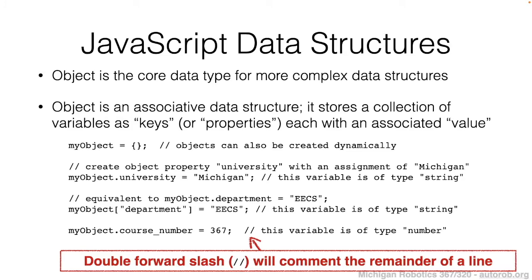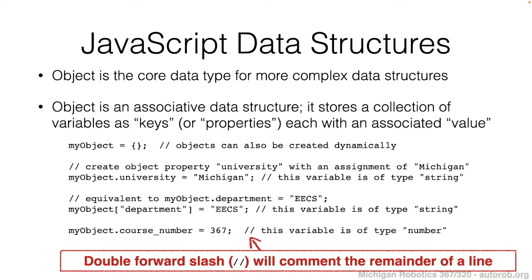We refer to the keys of objects as properties of the object. So in this case, university is a property of this object, and the values of those keys are the mapping that results. Dot notation is one way that you can insert and access data from an object. In addition, you can use bracket notation.